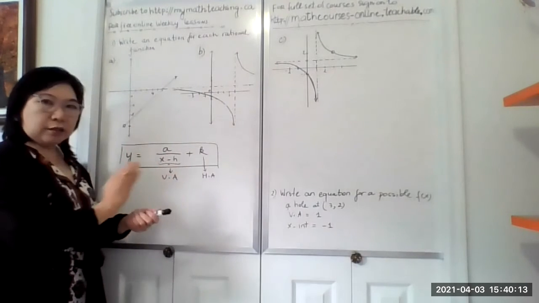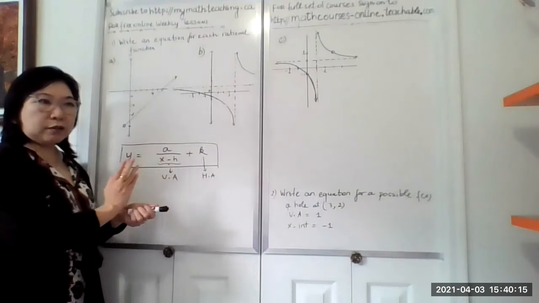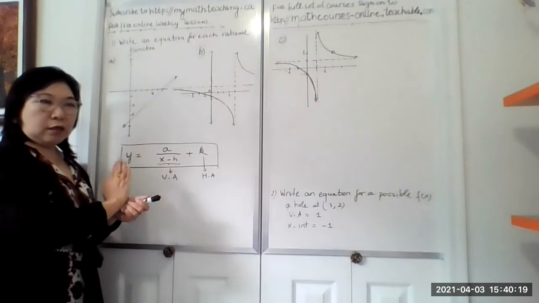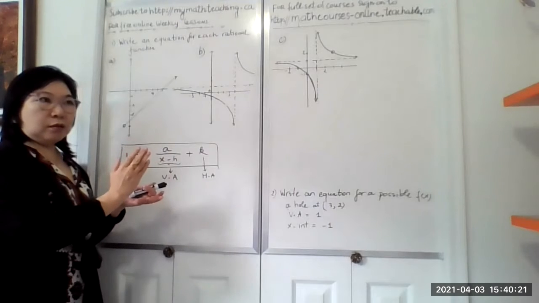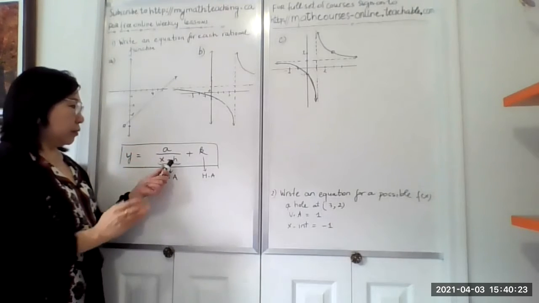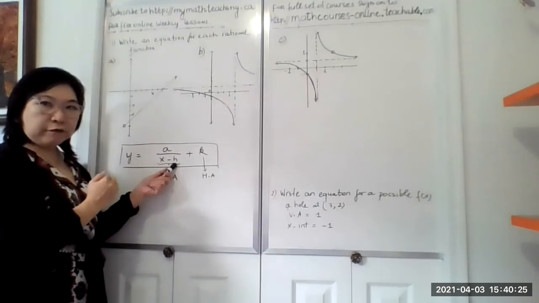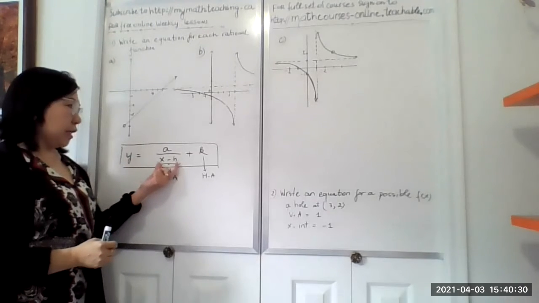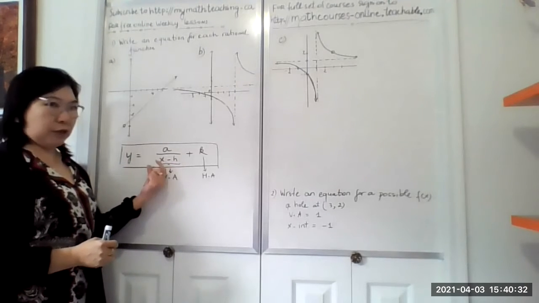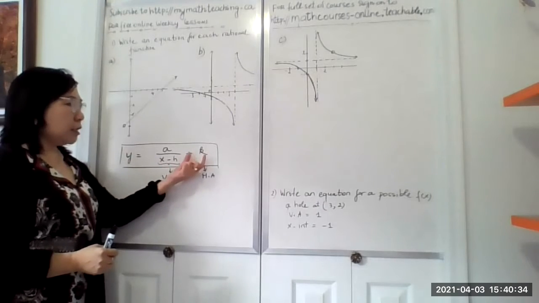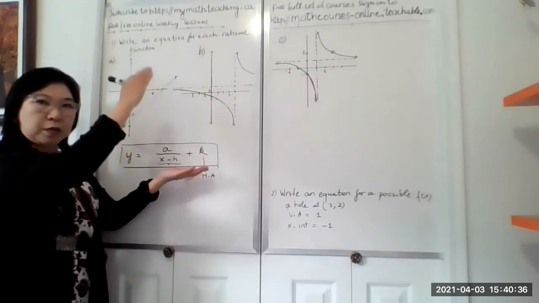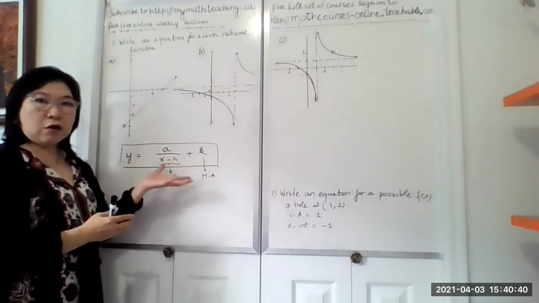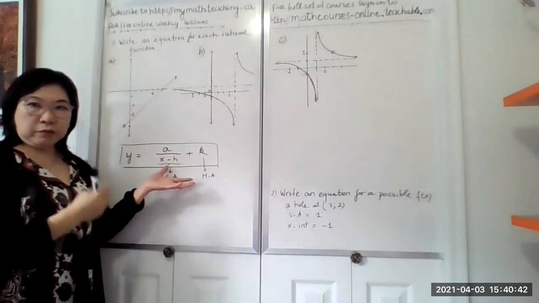The h here in transformation stands for whether we move the function horizontally to the left or to the right. And the k here stands for whether we shift the whole function up or down. That is according to the transformation of the function.